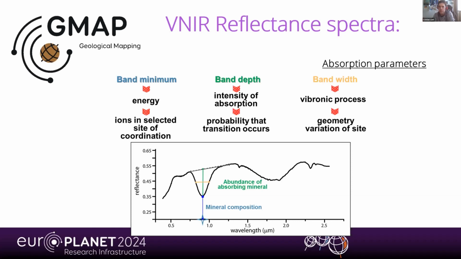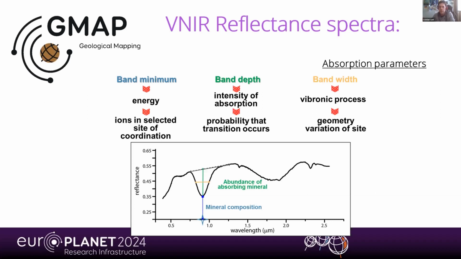From those absorptions, that are in some way our fingerprint to understand which mineral phase is present, we generally consider three different important parameters. The position of the band, that is related to the energy and so to the selected site of coordination, is translated into the presence of a specific mineral.